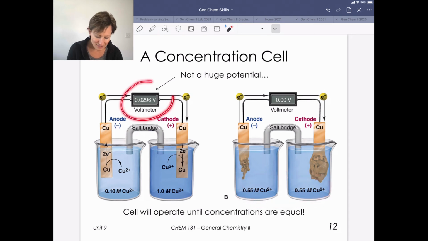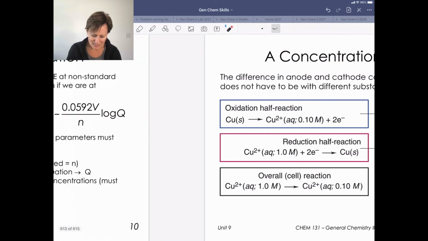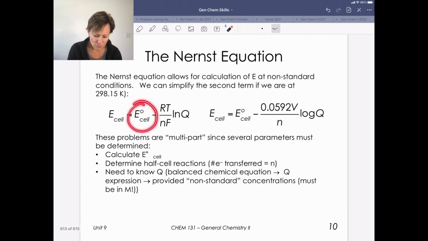But note here, we don't start out with a super strong voltage. This isn't something that contributes a significant voltage. If we think about this from a math standpoint, Ecell for this is going to be 0 because it's the same oxidation and reduction reaction, so Ecell under standard conditions is 0.